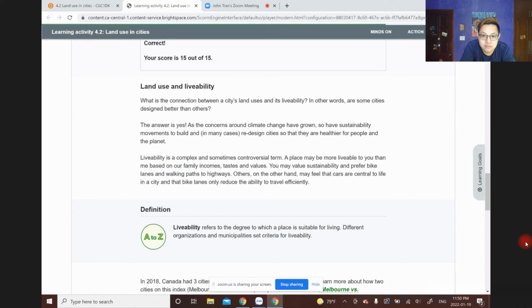You may value sustainability and prefer bike lanes and walking paths to highways. But some other people just need cars and motorbikes, so they prefer highways. Some feel that bike lanes reduce the ability to travel efficiently, so they don't want to live there.